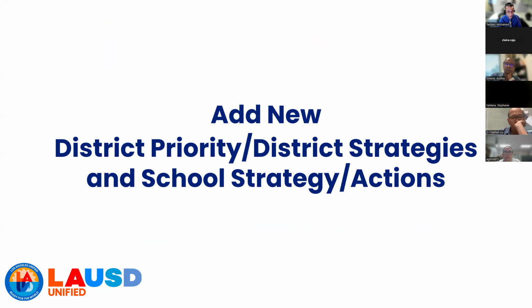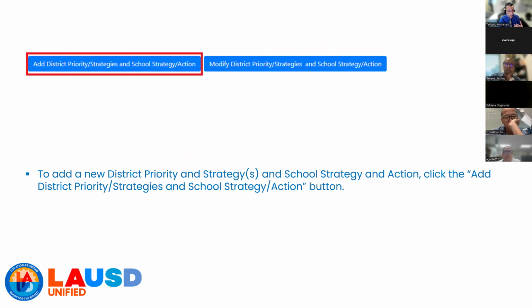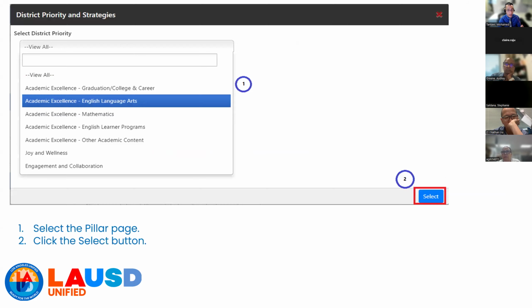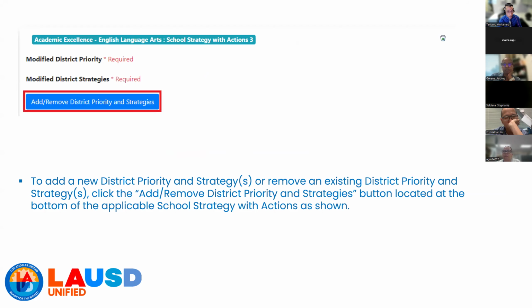Next, I'll review again the process for creating a new district priority, strategies, and school strategy with actions. So if I want to create a new one, I'm going to click on the Add button. Then I'm going to select the pillar page and click on the Select button. To add a new district priority and strategy or remove an existing one, you would click on the Add Remove District Priority and Strategies button.